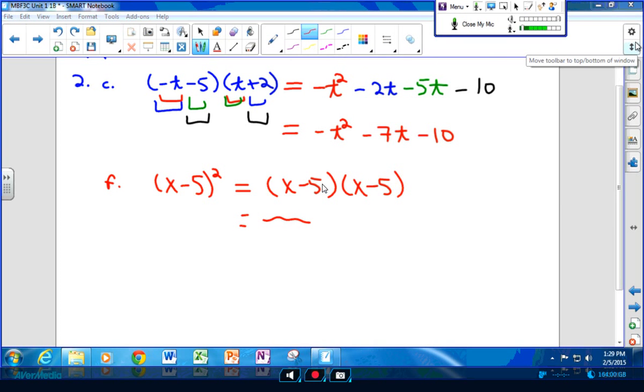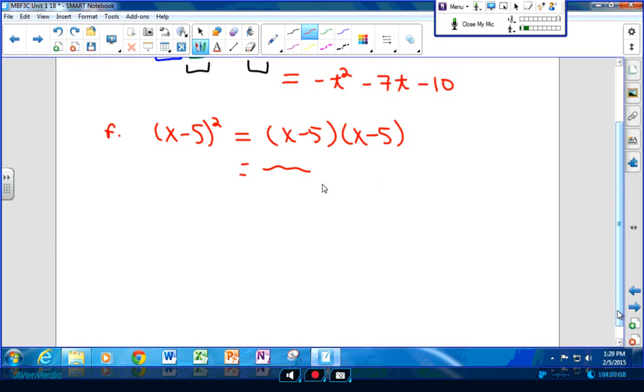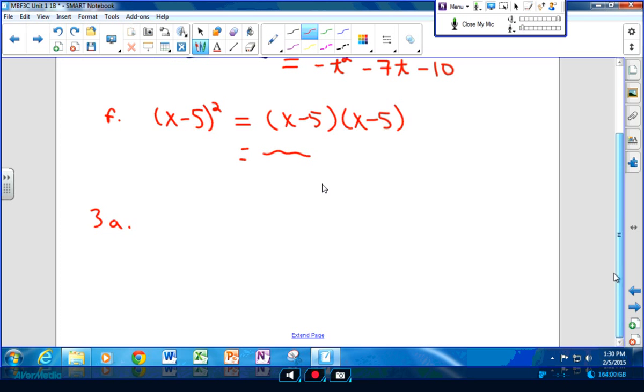Let's see. Okay. So let's take a look at question 3A, because now you've added something to the mix here. 3A, near the top of page 16, it's 5 times 3y minus 2 times y plus 7.